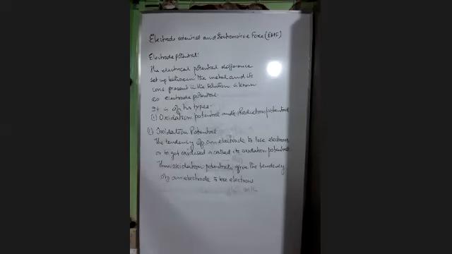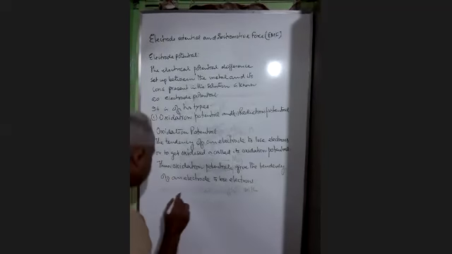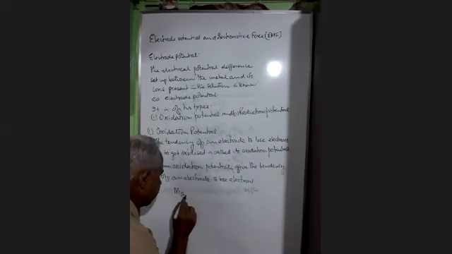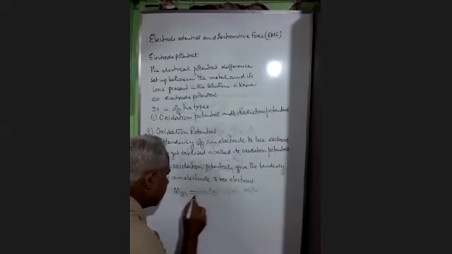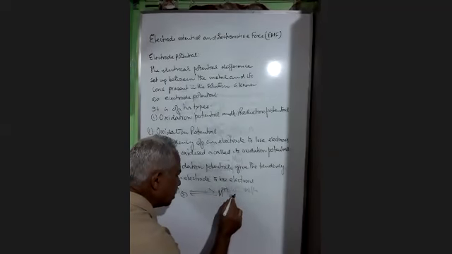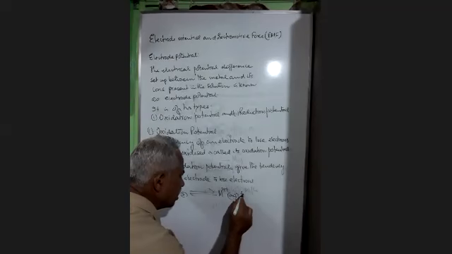The higher the value, the faster it will lose electrons. Okay, so what is going to happen here? M goes to M n plus aqueous and electrons.